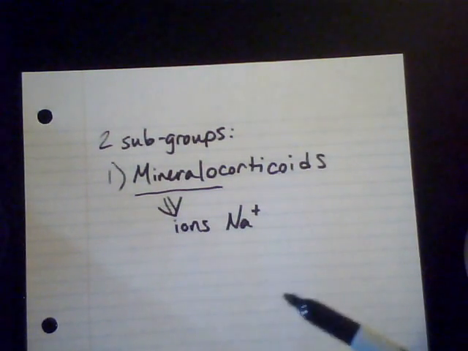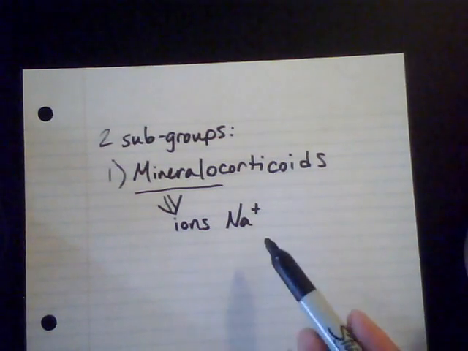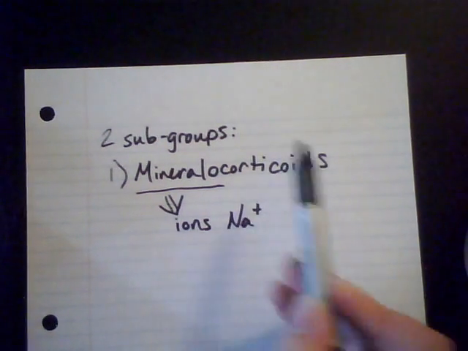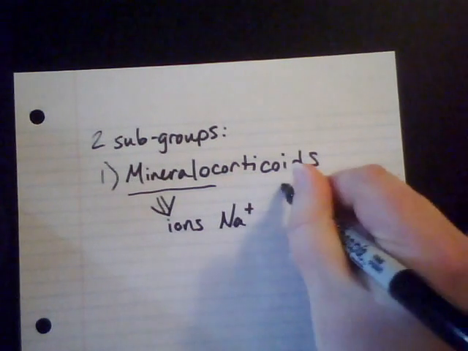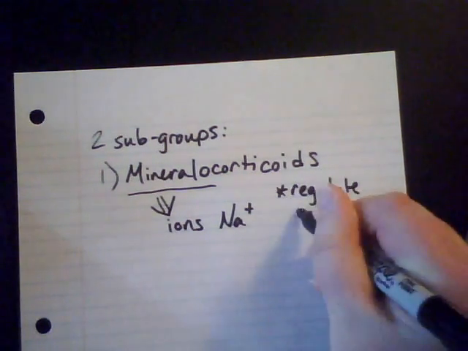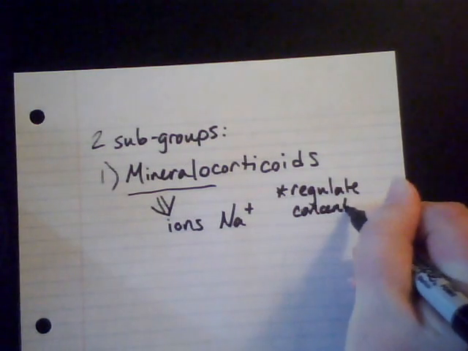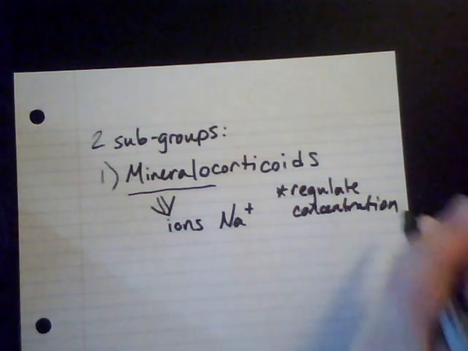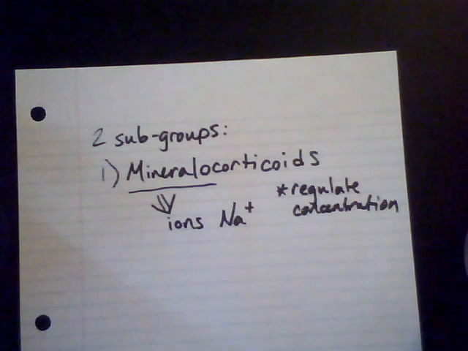So we're talking specifically about ions and regulating their concentration. That's kind of the goal of mineralocorticoids. And this is within different body fluids, and we'll look at an example here.